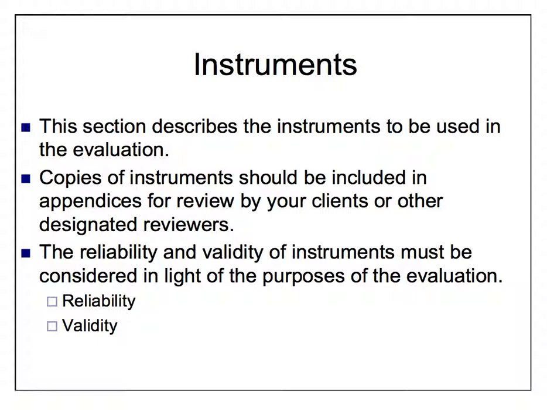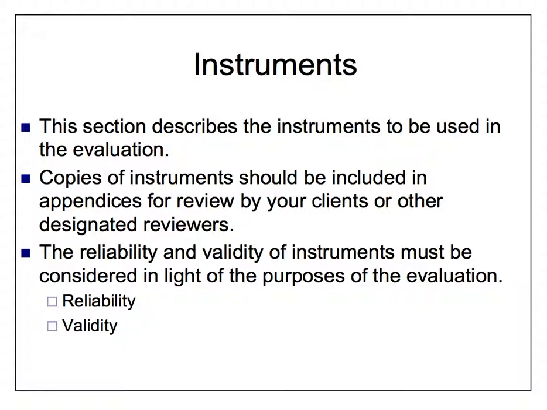One of the things we ask people to consider in instrumentation is reliability and validity. If you read the book, the example they use for reliability is that if I step on my scale 10 times, it gives me the same weight all 10 times. Every time I measure it, I get the same result.